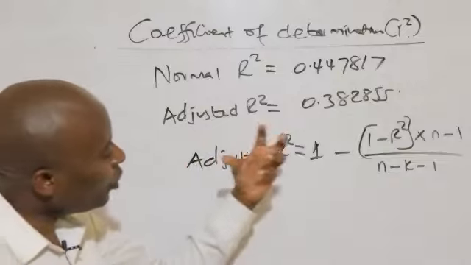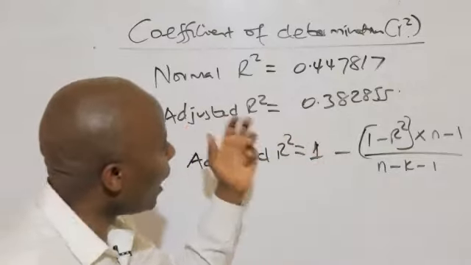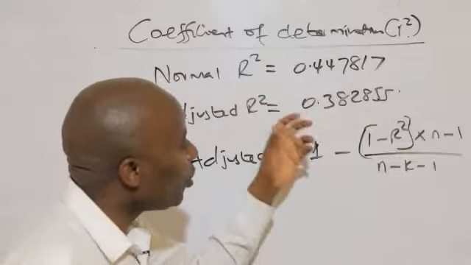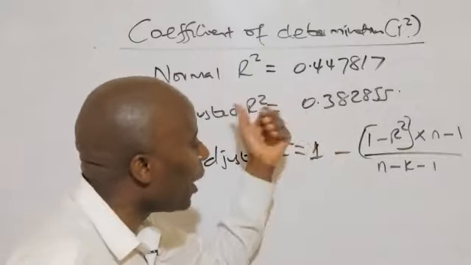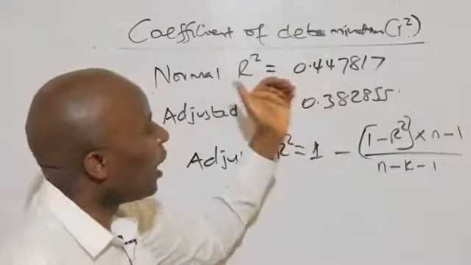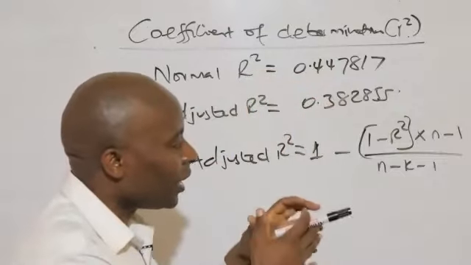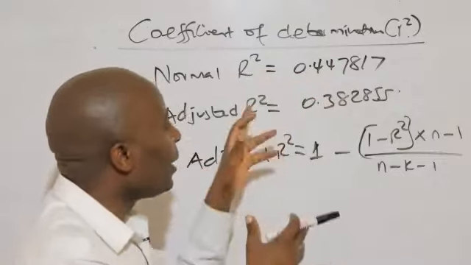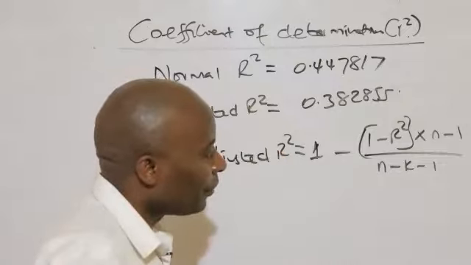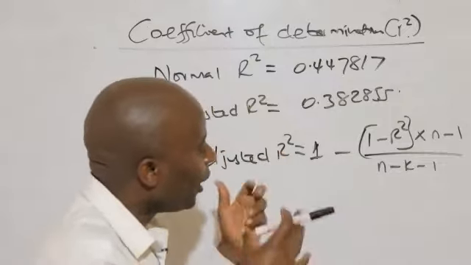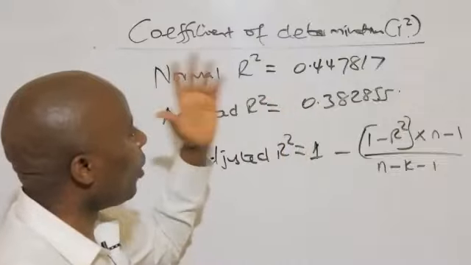But what you're supposed to know, ladies and gentlemen, is that this R squared takes into consideration the number of predictor variables that we have. We adjust this normal R squared to fit the number of predictor variables. So when it comes to appraising a model, we don't use this normal R squared.